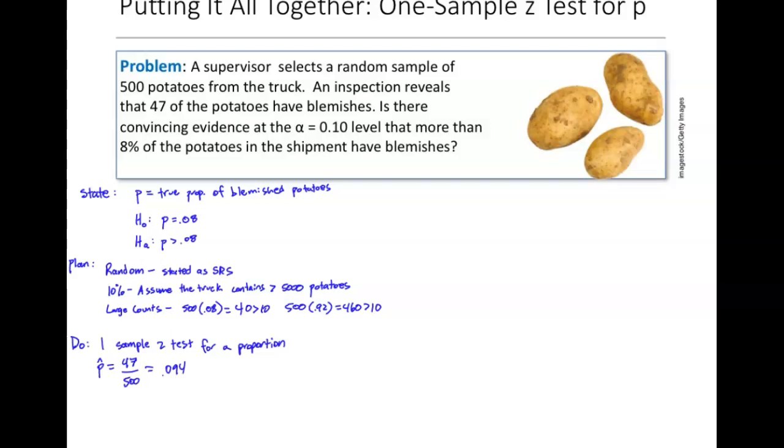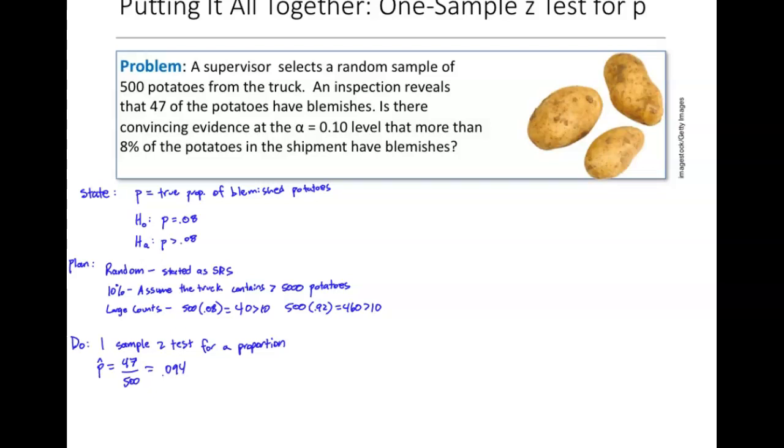Does that support our alternative hypothesis? It does. It is greater than 8%, right? Now, just intuitively, is that a lot greater than 8%? If you have to guess, do you think that's going to give us enough evidence to support the alternative and say that this isn't likely to happen by random chance?